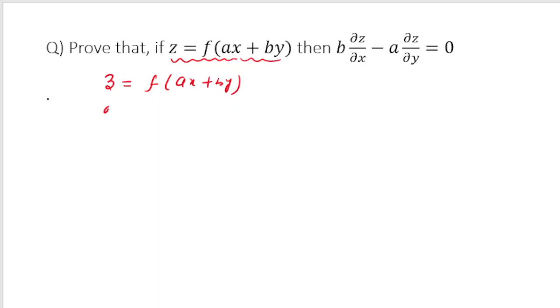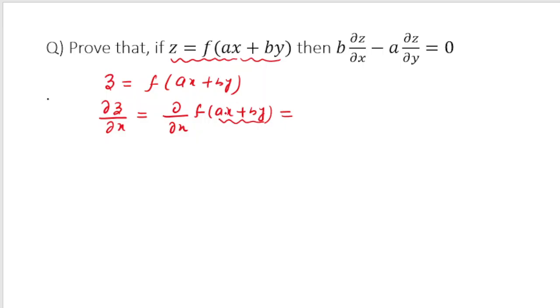So first of all, if I find del z by del x, it will be del by del x of z, which is f of ax plus by. To differentiate this, first of all, this f is a function of ax plus by, right?